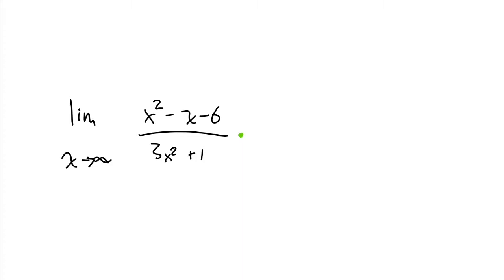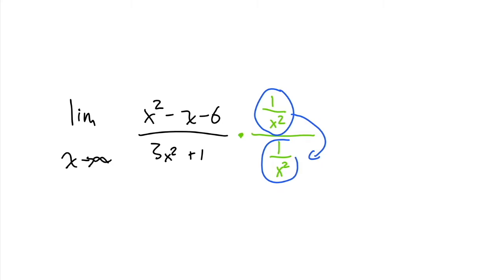So we're going to multiply this by 1 over x squared on the numerator and 1 over x squared in the denominator. And so this whole thing right here just simplifies to 1, because it's just one number over itself. So we're not really changing the function, we're just simplifying it.